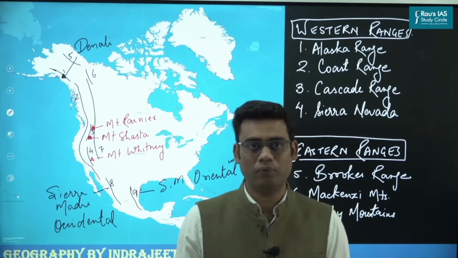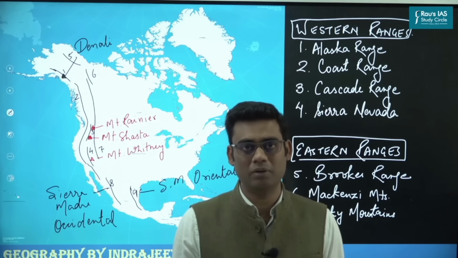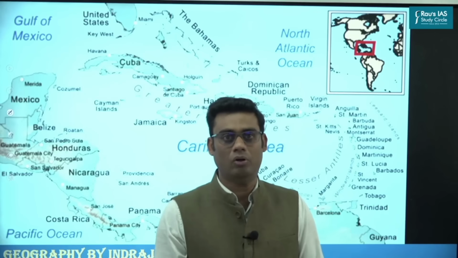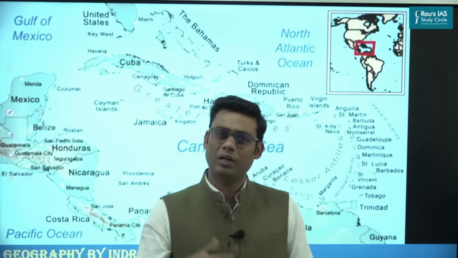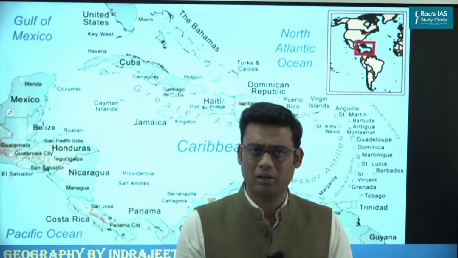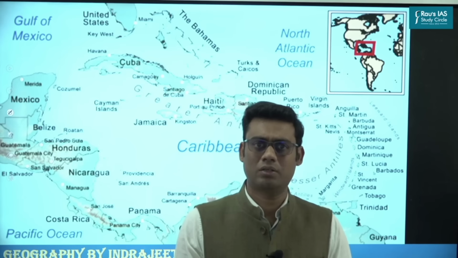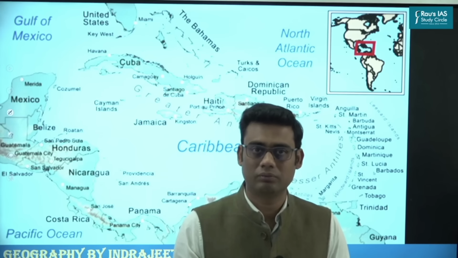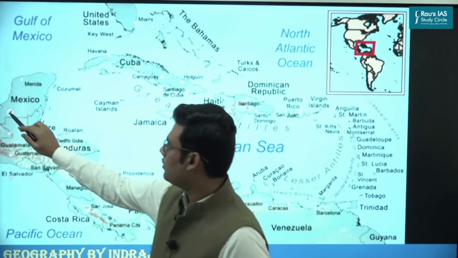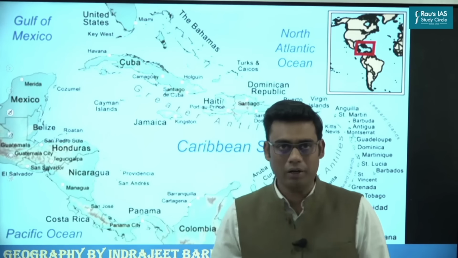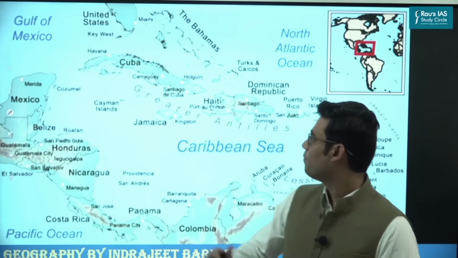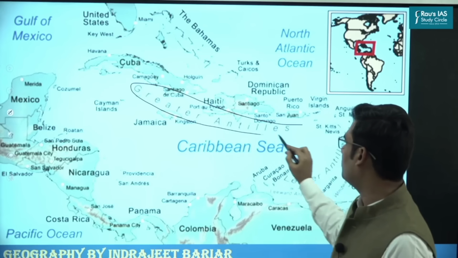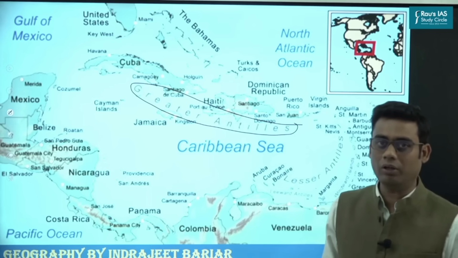Then comes the 5th physiographic division, what we call the Caribbeans. Caribbeans are again considered to be a part of Latin America. And Caribbeans are a set of more than 700 islands. These 700 islands are divided into different island groups. If you see over here, the first group is Greater Antilles, towards the north and northwest.